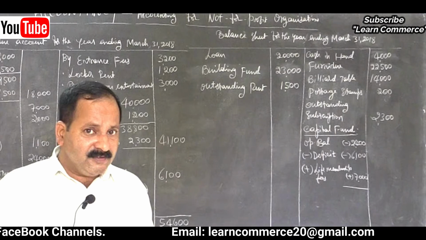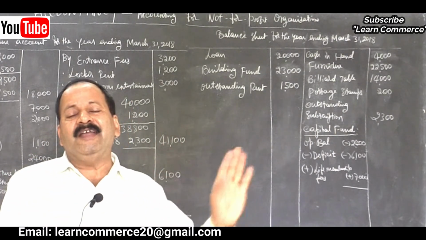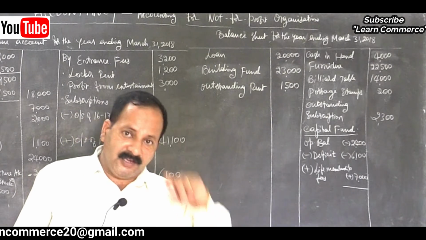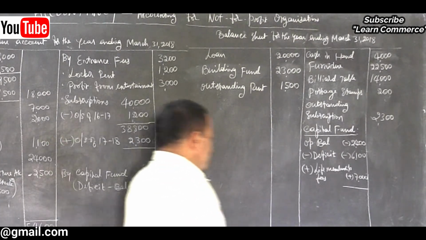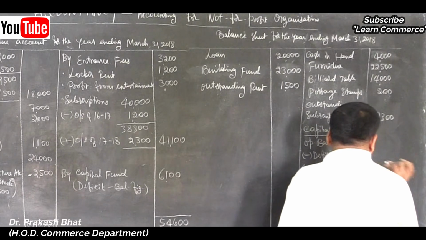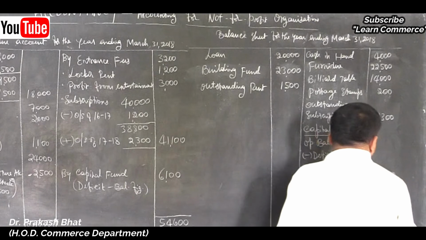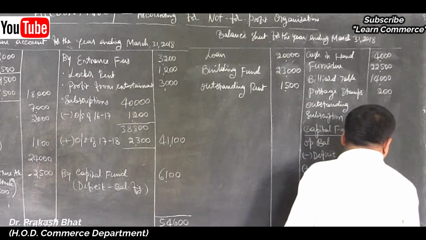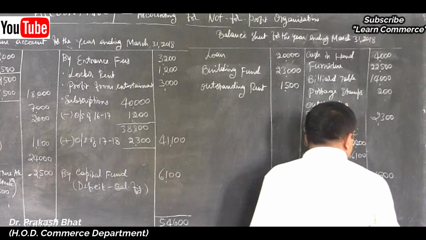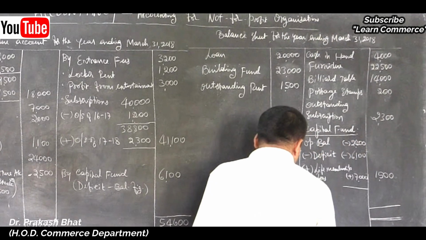Am I correct? Whenever there is a shortage, we will enter it on the asset side. So that is loss, isn't it? So right here minus, no need to write. So 6 plus 2, 8,500 minus 7,000 means 1,500. That is the total, the amount which should be entered in the outer column.